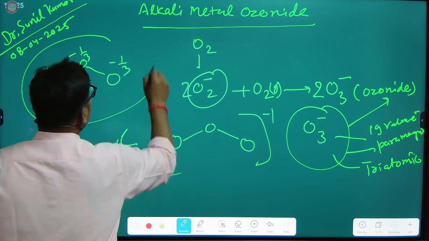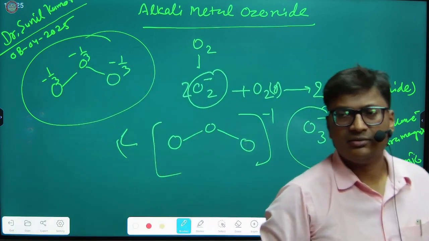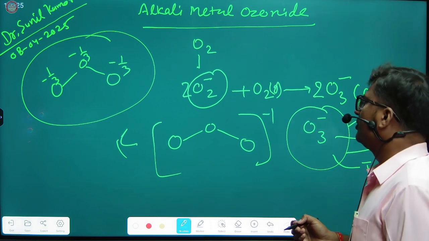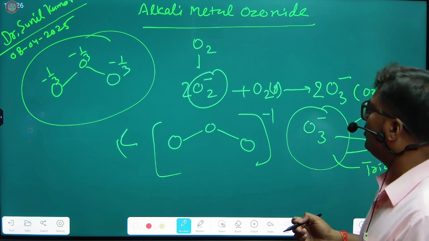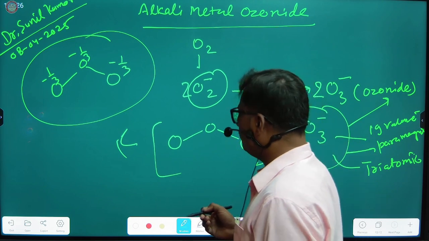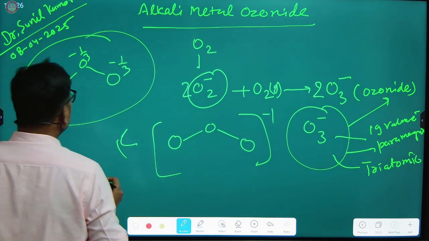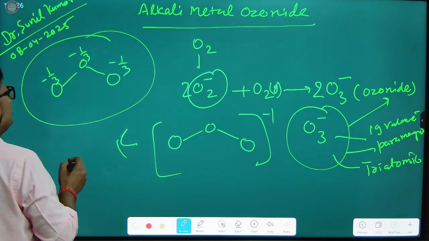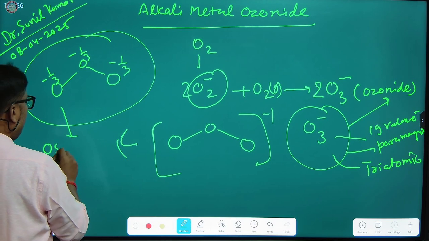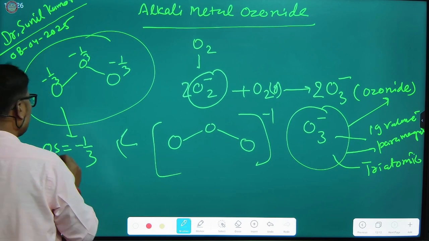It means this ozonide structure possesses 3 oxygen atoms through covalent bonds, and each oxygen atom carries -1 by 3 charge. Negative 1 by 3 on each atom indicates the oxidation state of oxygen in the ozonide, that is -1 by 3.